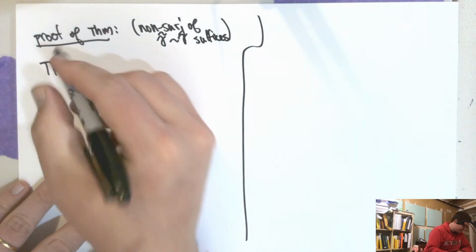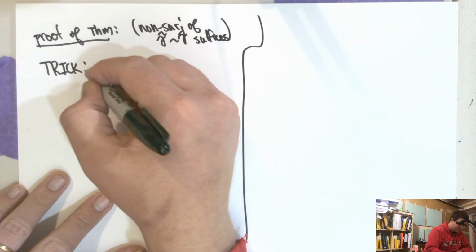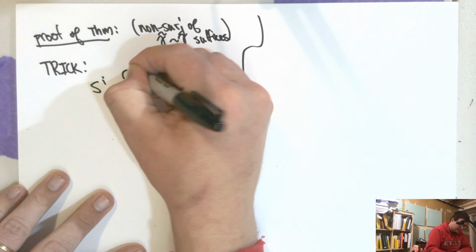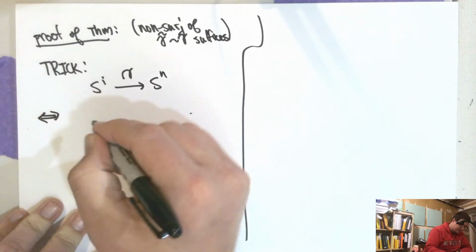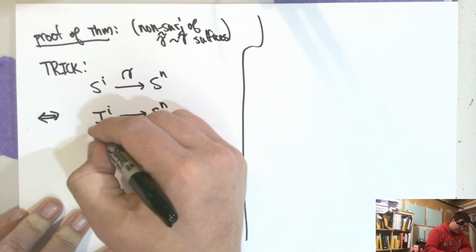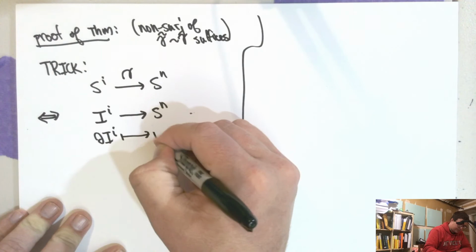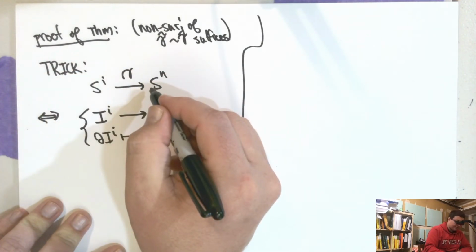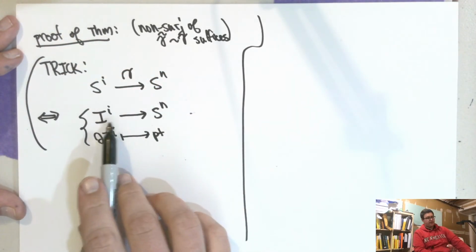The trick again is that a map from S^i to S^n is the same thing as a map from I^i to S^n, where the boundary of I^i maps to a point. So we can take this loop here, or we can take an interval.